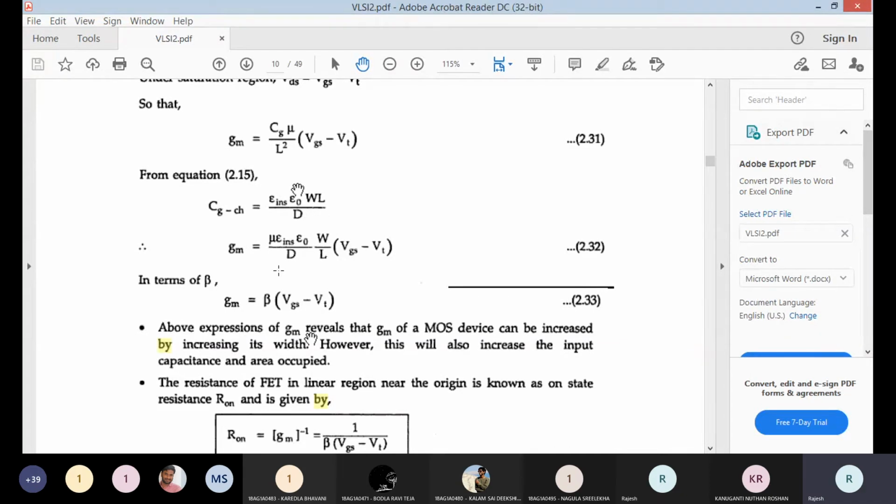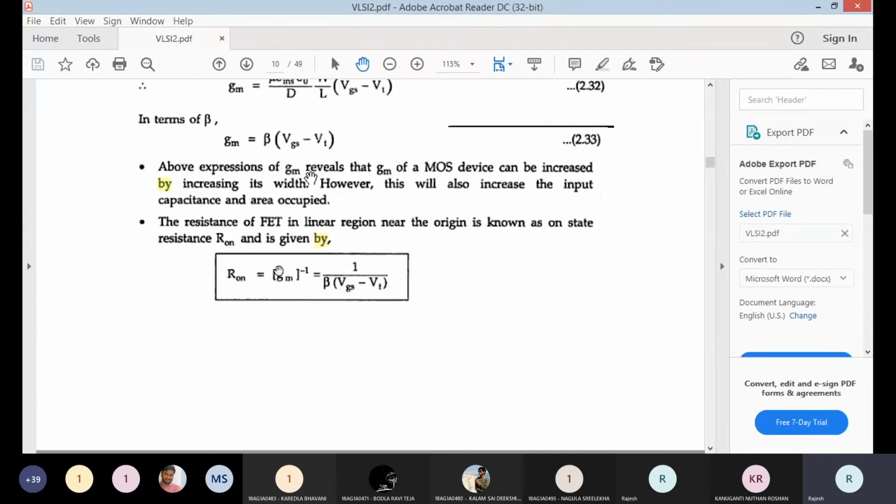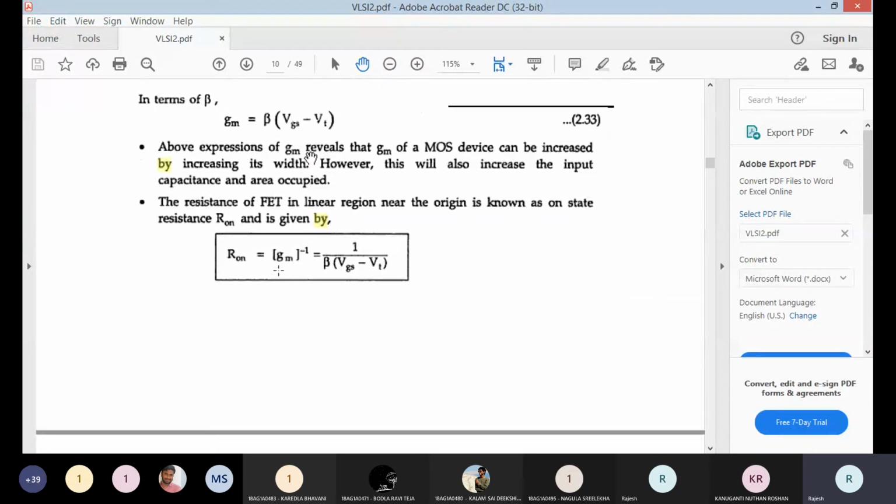So in terms of beta, GM is equal to beta into the remaining terms. The resistance of a FET in the linear region near the origin is known as on resistance, and resistance is nothing but the inverse of transconductance. So for that, the equation is 1 by beta times this. And how to increase the transconductance? Transconductance GM can be increased by increasing the width.